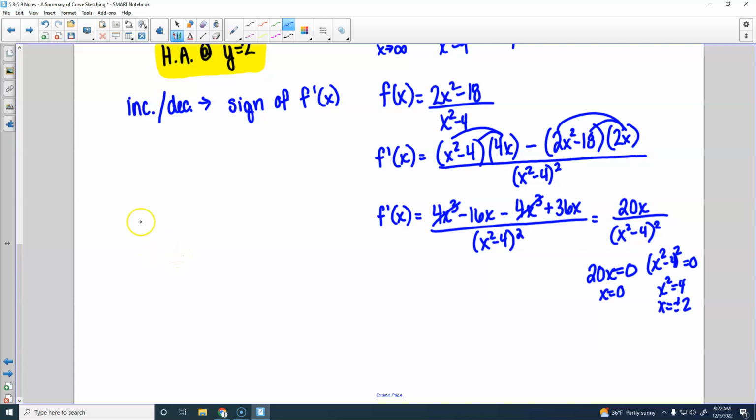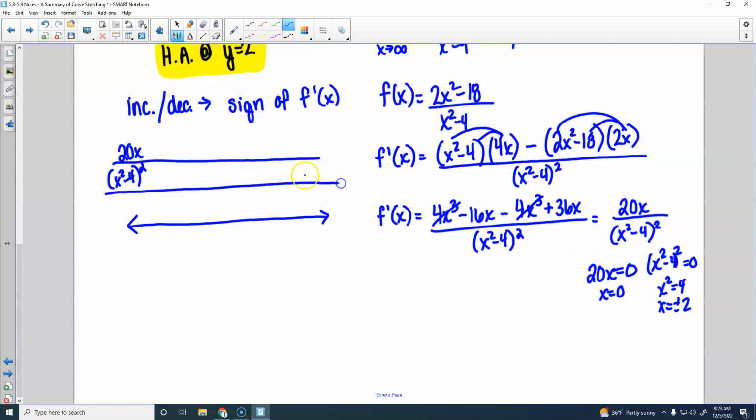So if we do a chart here, we'll have 20x, we'll have x squared minus 4 squared. We'll get our answer for f prime. So we got negative 2, 0, positive 2.